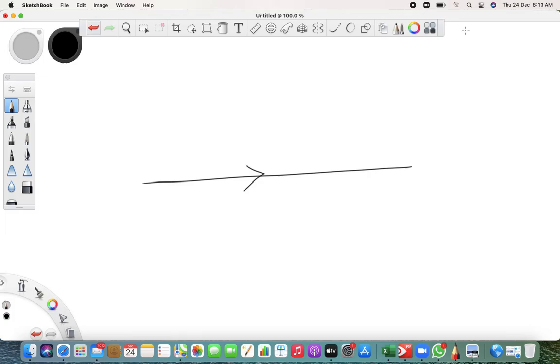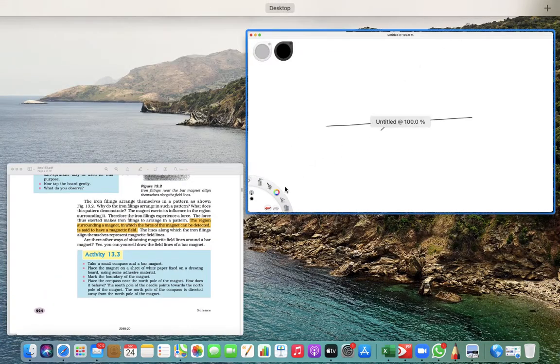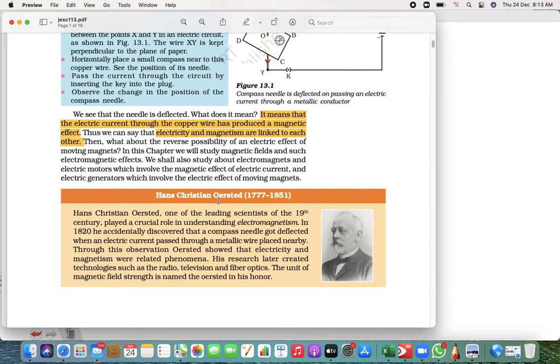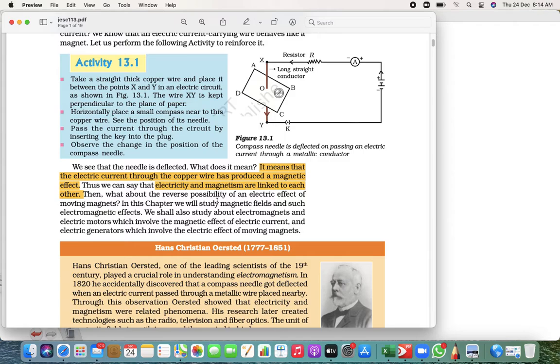This question doesn't arise for many, but actually H.C. Oersted, Hans Christian Oersted, accidentally found out. Why am I using the word accidentally?